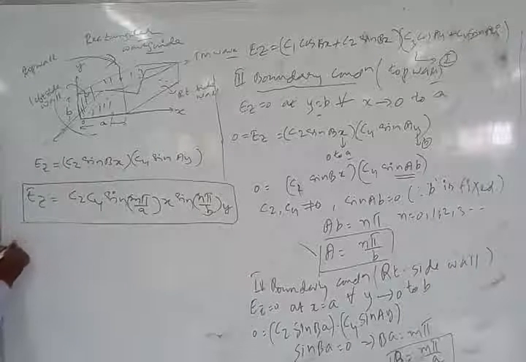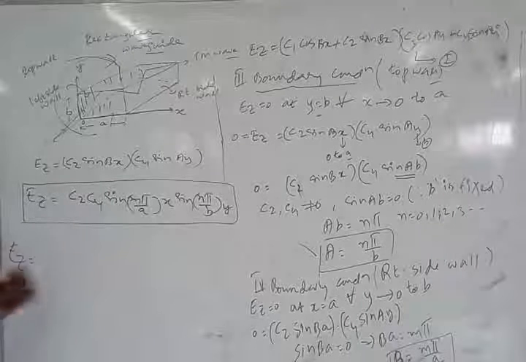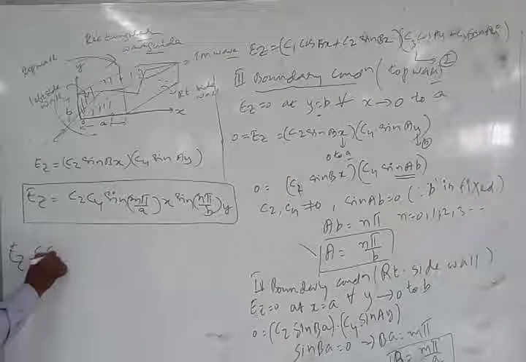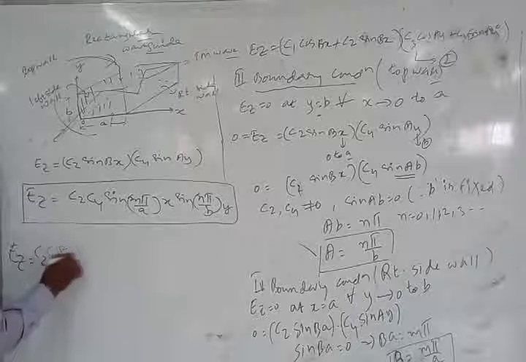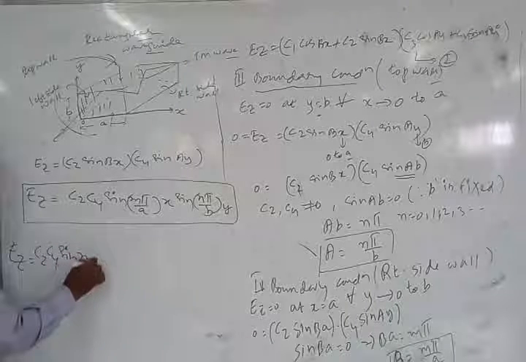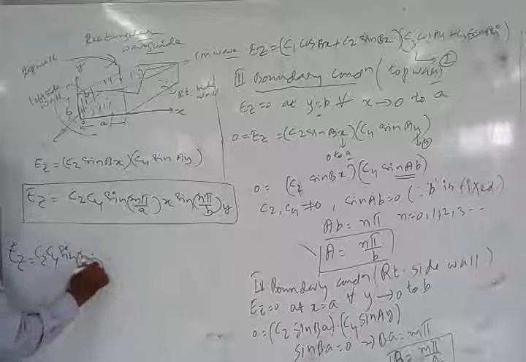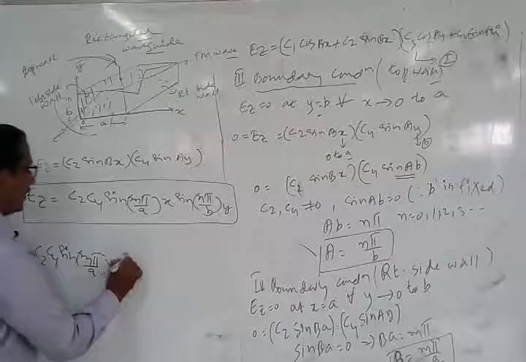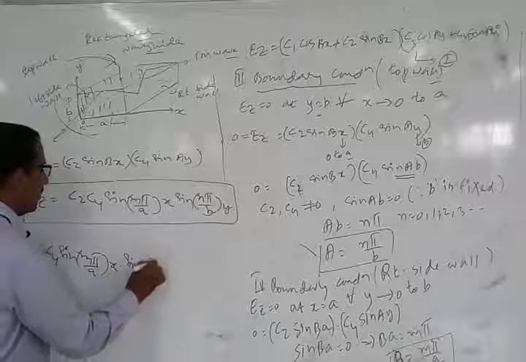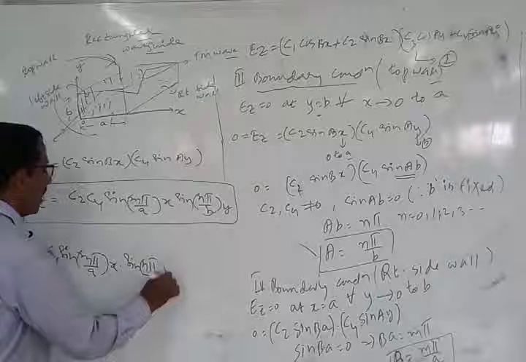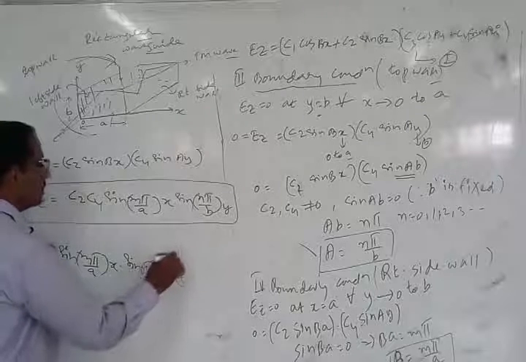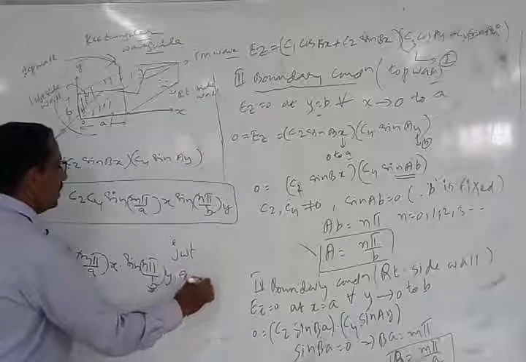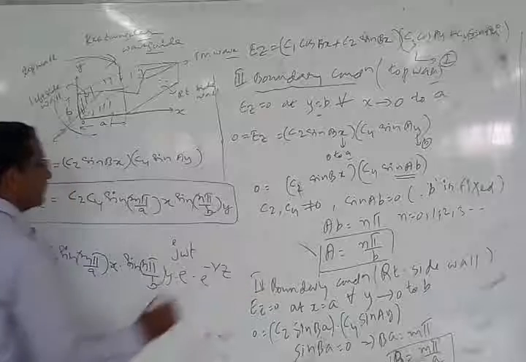Therefore, the complete equation that I can write is Ez equal to C2 C4 sin m pi by a into x into sin n pi by b into y into e raised to j omega t into e raised to minus gamma z.